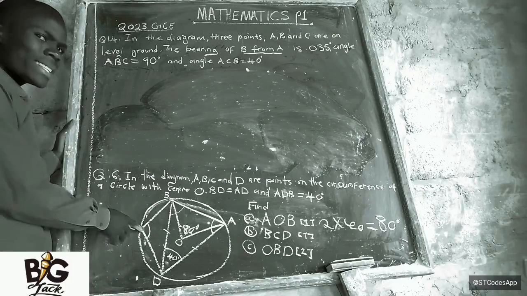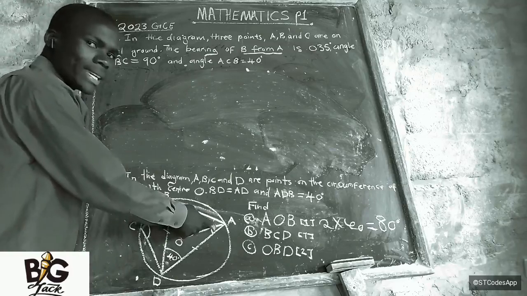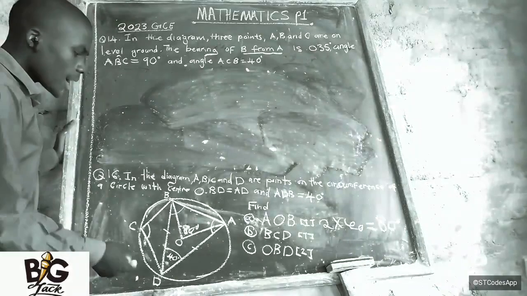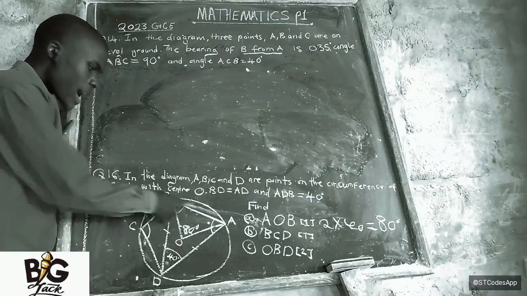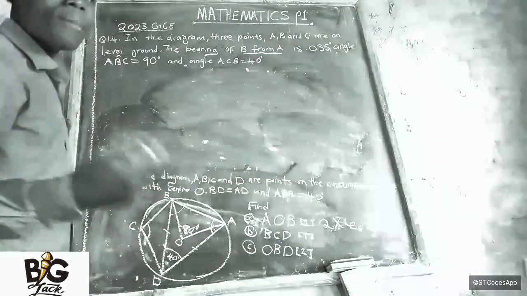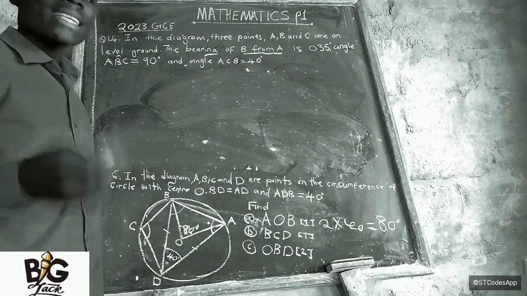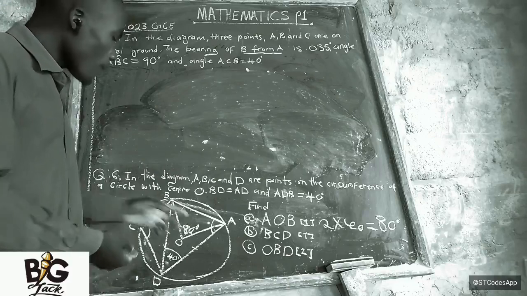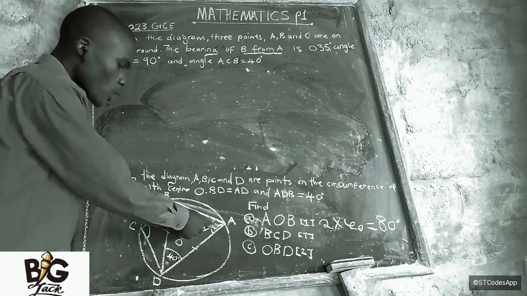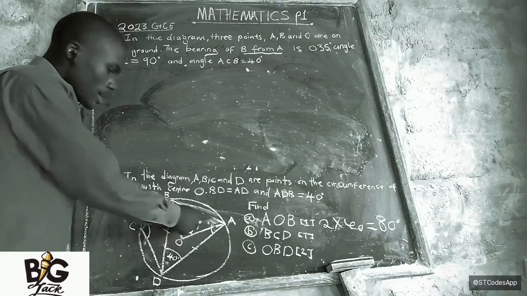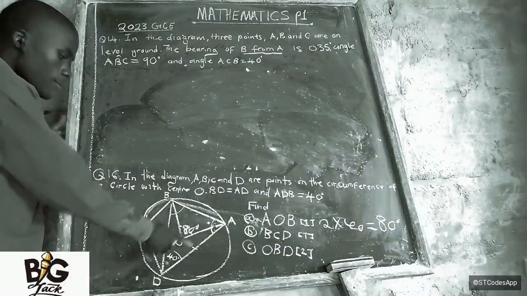Now, for us to calculate this angle E, the first thing here, I'm going to calculate this one E. Because I know that A, D, C, B, and back to A is forming a cyclic quadrilateral. So now, on a cyclic quadrilateral, opposite angles add up to 180. So if I have this one here, it is very easy for me to find this one here.